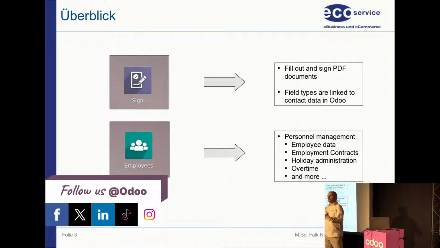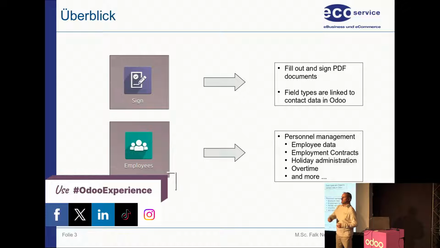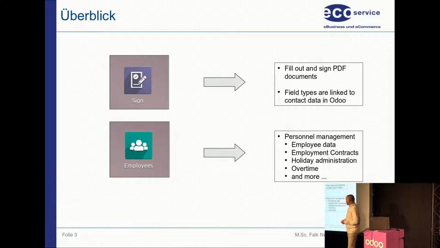The customer can fill in some information, sign, and send it back. And the Employee app is used to store data from your employees, to handle holiday management and contracts of employees. This is the typical use of both apps.